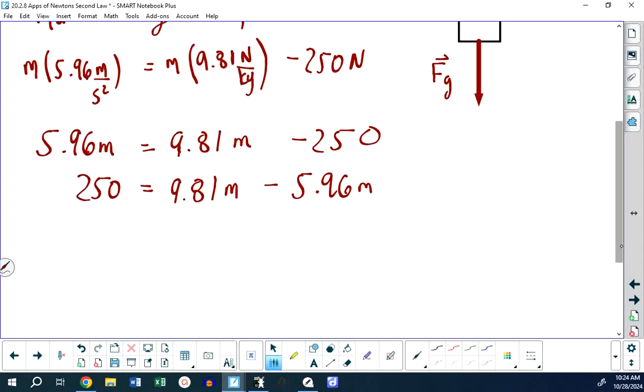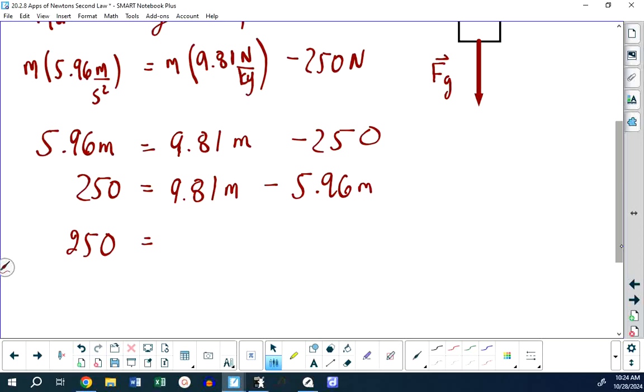For those of you that might struggle with the math of it, I've rewritten the equation so the units are not in it, to help you better understand how we're going to solve this. When you have two terms being subtracted and they're both similar terms, they're both m's in this case, then you subtract the coefficients.